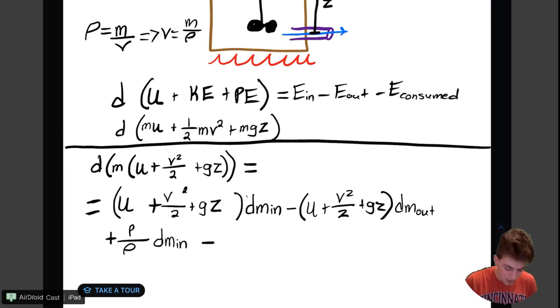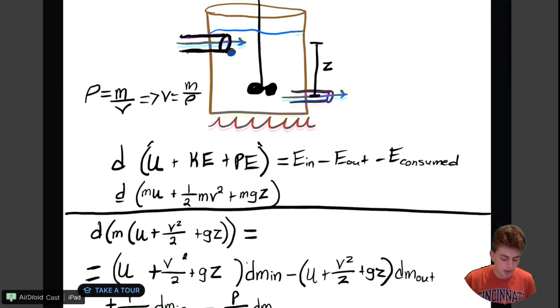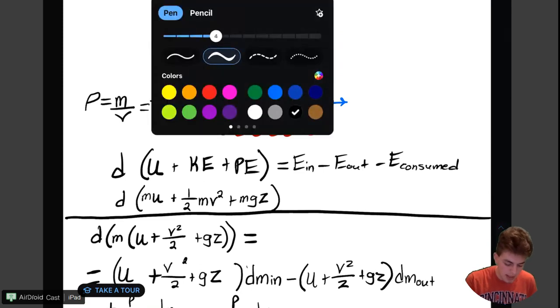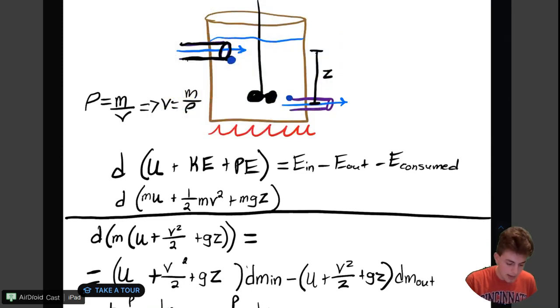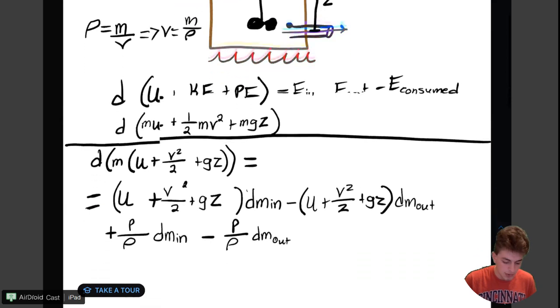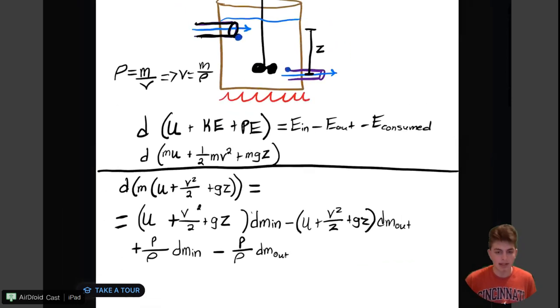Similarly, we would have to subtract this exact same term, except this time it's going to be the mass going out. And again, this is just accounting for the work that's happening at the inlet and outlet pipe due to whatever forces are acting there. So that's just accounting for the pressure difference there. Okay, so we've accounted for everything to do with the pipes in this system.